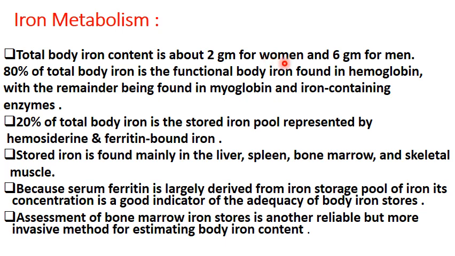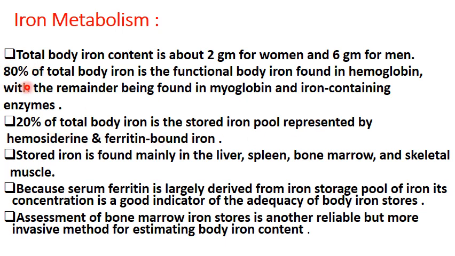In addition, the female has a monthly period, the menstrual cycle. 80% of this total body iron is functional. The other 20% is stored in the iron pool, represented by hemosiderin and ferritin.